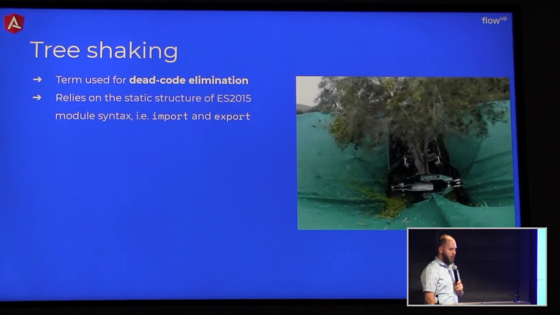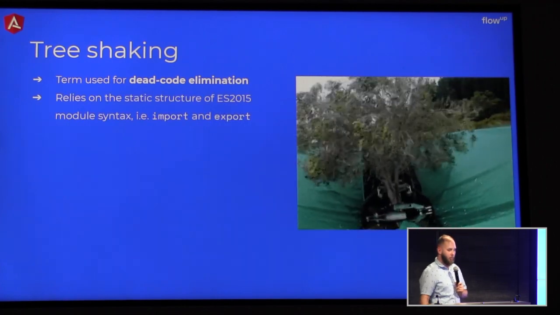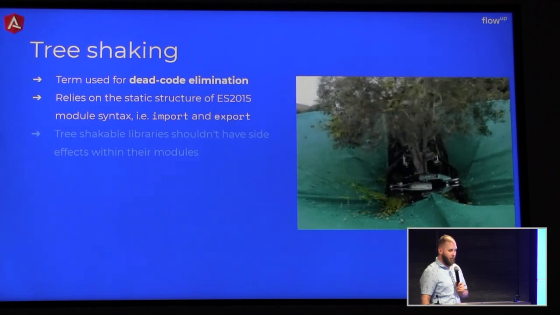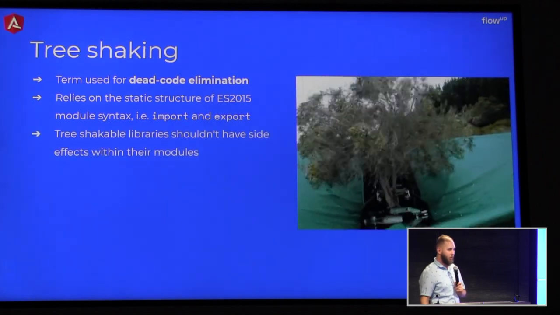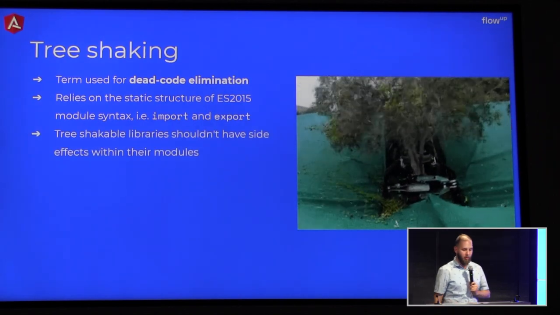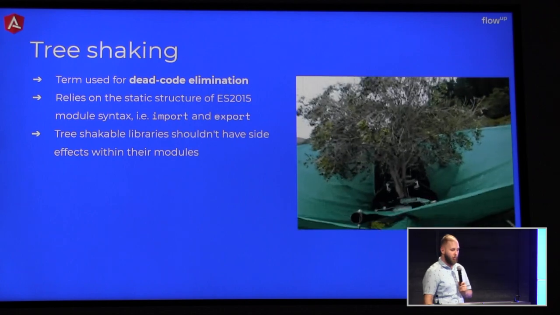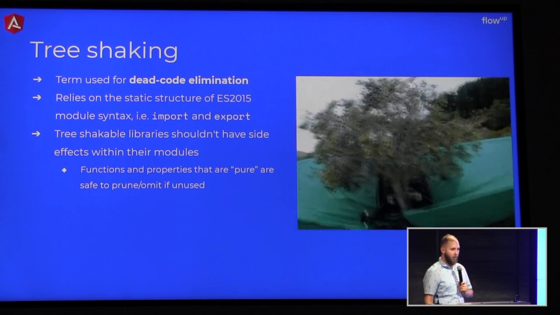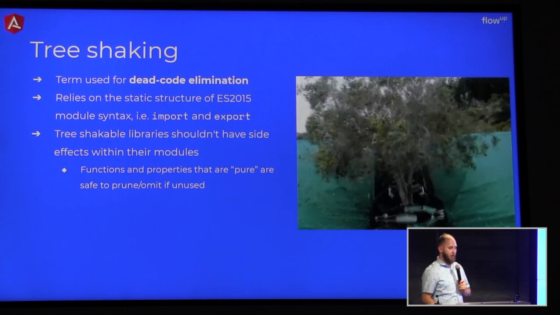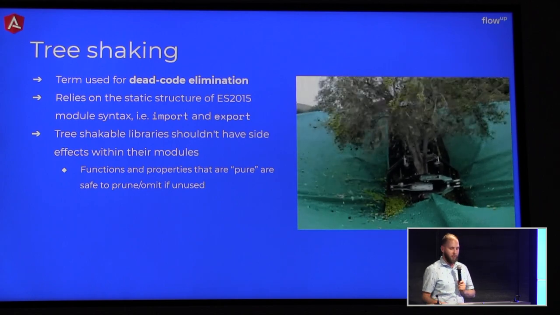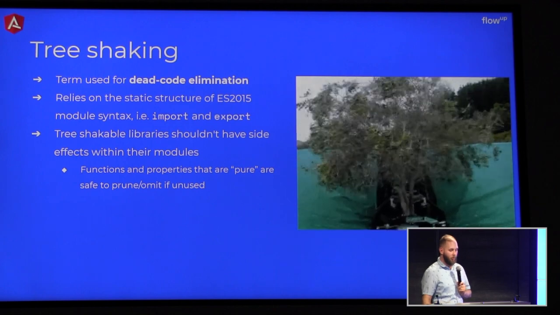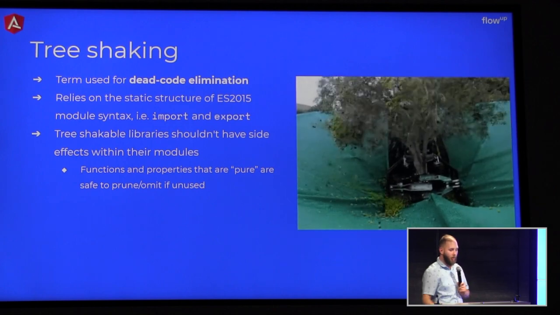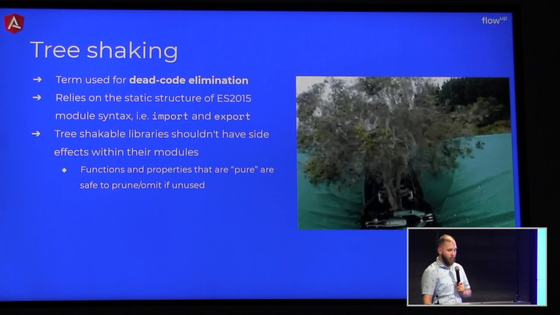What it does is that it uses import and export syntax. How? The libraries basically import and export their modules, and they don't have side effects within the modules. In that way, they are pure and they are safe to omit if something is not used, so you can just throw it away or take it out of the tree.